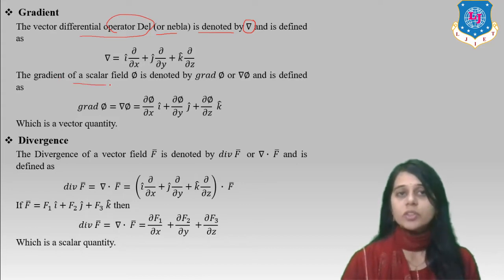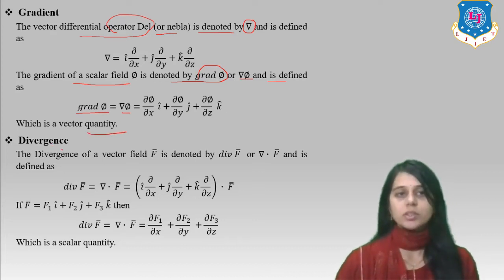The gradient of the scalar field phi is denoted by grad phi or nabla phi, so we say that it is del phi by del x i caret plus del phi by del y j caret plus del phi by del z k caret, which is a vector quantity.